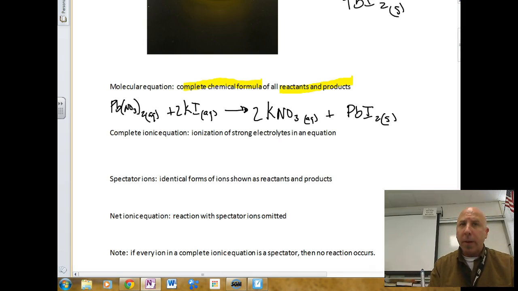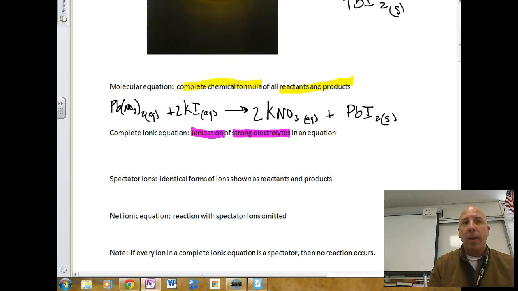Now, we can also write what is called a complete ionic equation. This is where we ionize, or dissociate, all strong electrolytes. We had 3 strong electrolytes in this reaction. We first started with the lead 2 nitrate.